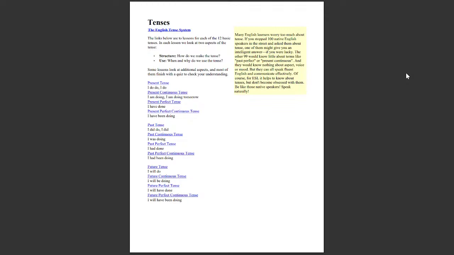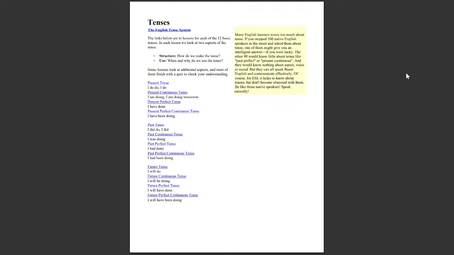So now let's move into the present tense: I do. Present continuous tense: I'm doing. Present perfect tense: I have done.